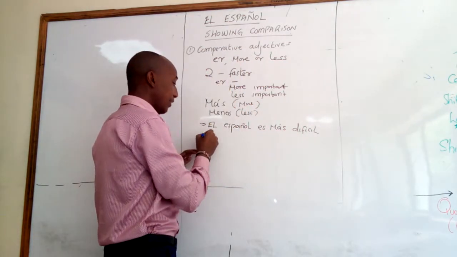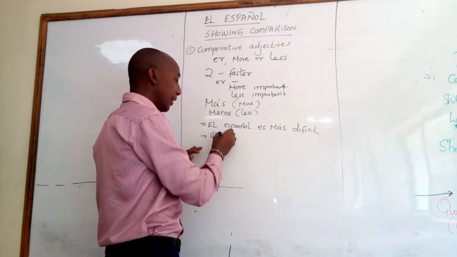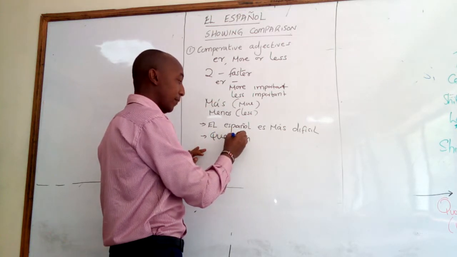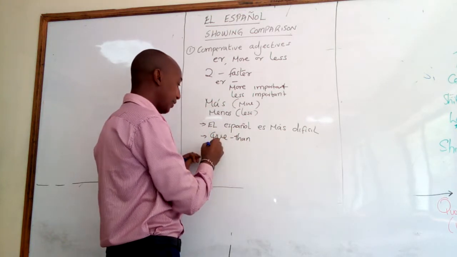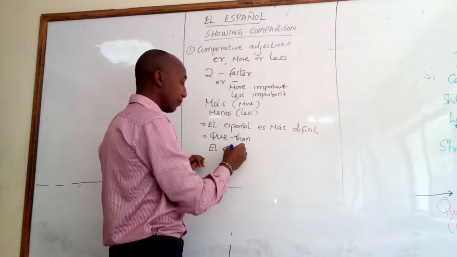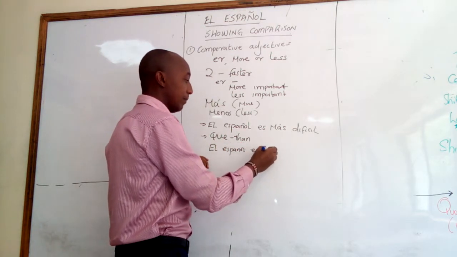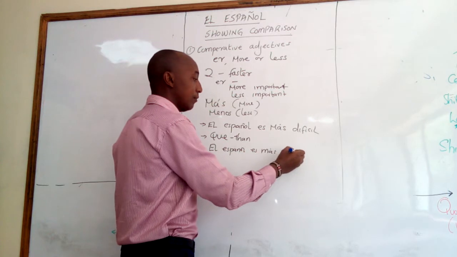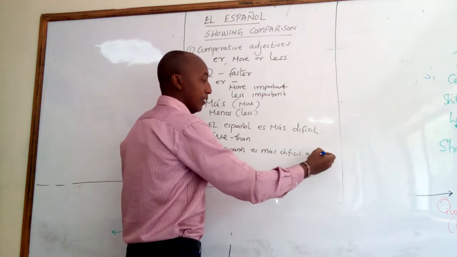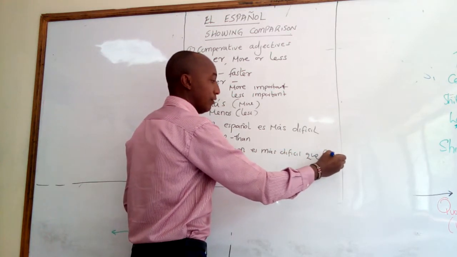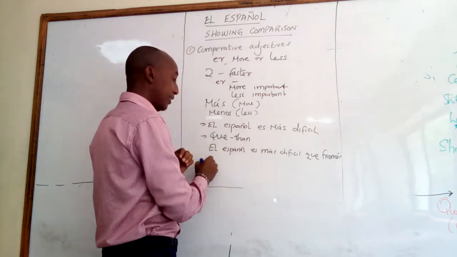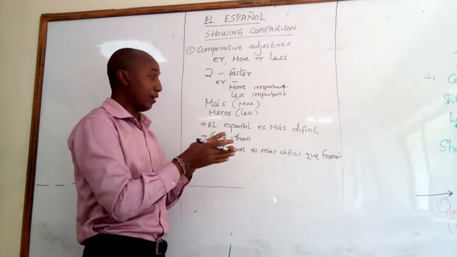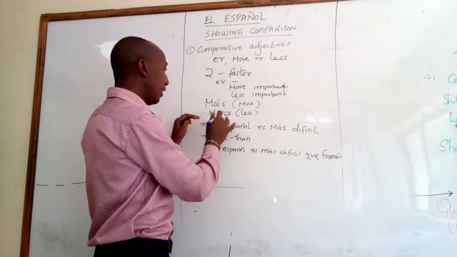So if you want to say than, we're going to use what we call que. In this case, than translates to que. So with the same sentence, we can say en español es más difícil que, let's say French, which is francés. Basically that's how we do it when showing comparison. When it's less, we do the same.